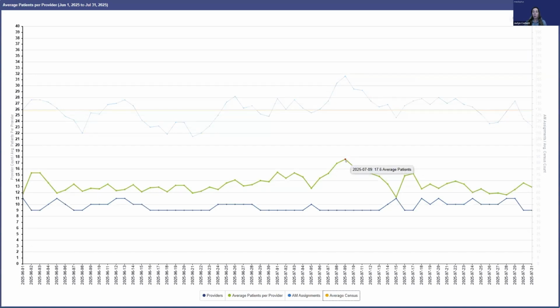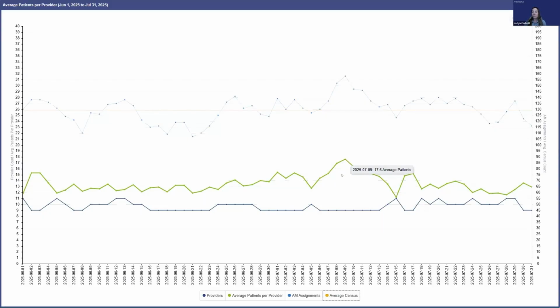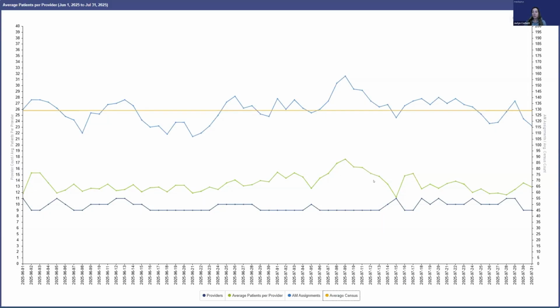We're showing you the average patients per provider for that day as well. It's a really good visual to help assess whether your staffing levels are keeping pace with your patient volume, right? So you're wanting to see those peaks and valleys follow each other and be similar across all the different lines on this chart.